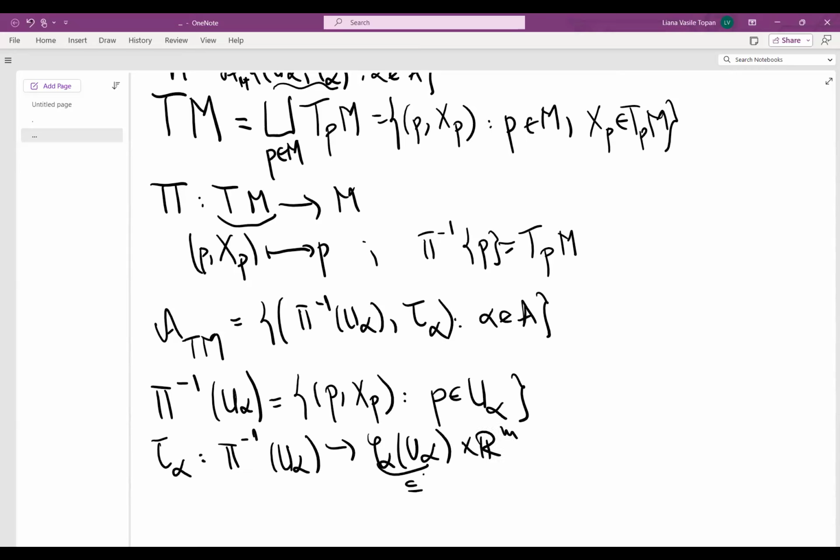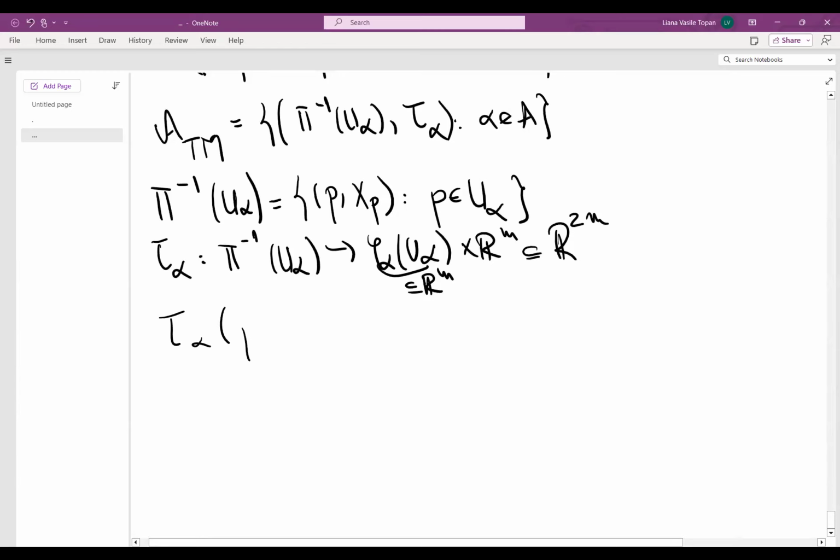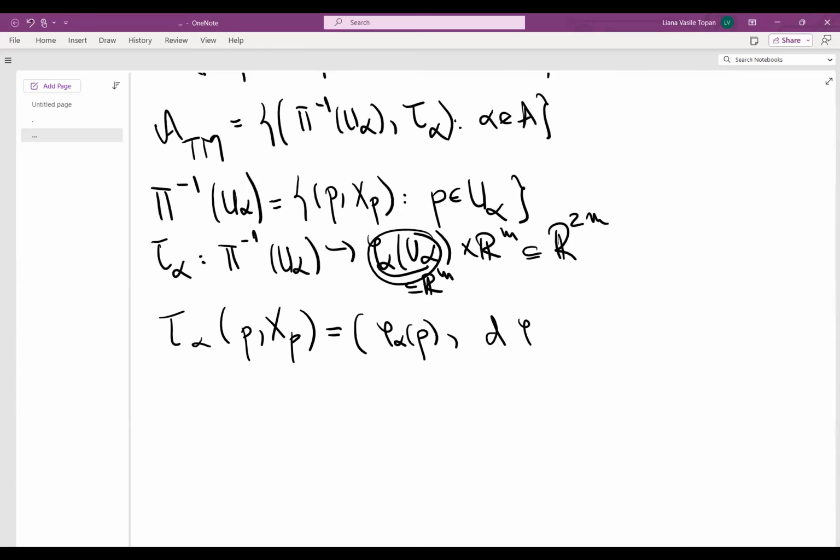So this being a subset of R^m, this Cartesian product will be a subset of R^2m, and the definition was that every tangent vector is taken into its image under phi alpha, which lies here, and the differential of phi alpha at P computed at the vector xp. We did see that this will determine a smooth structure.